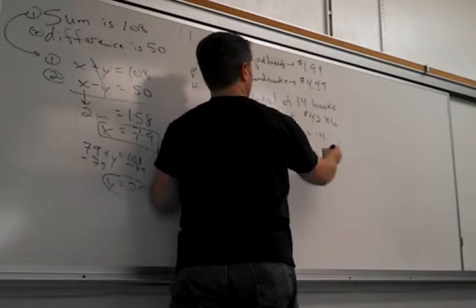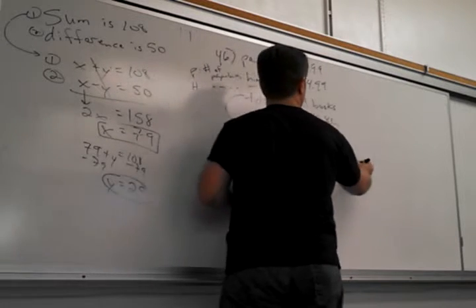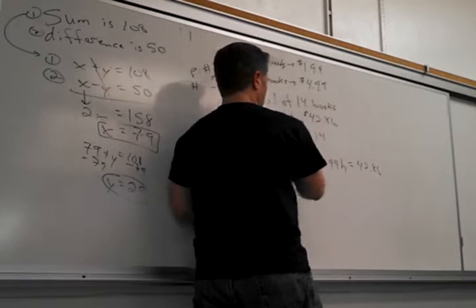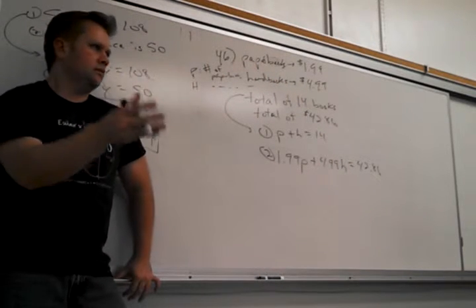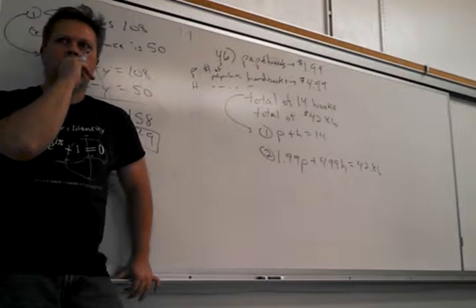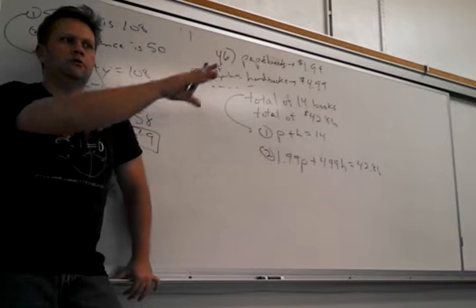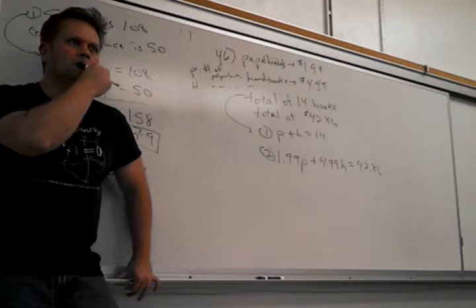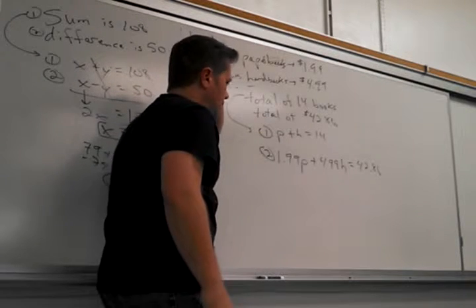Plus $4.99 per hardback gives me good money, right? So that's a quick unit analysis. Make sure that the units match up. You can't say dogs plus cats equals money. And then what's a good way to solve this?